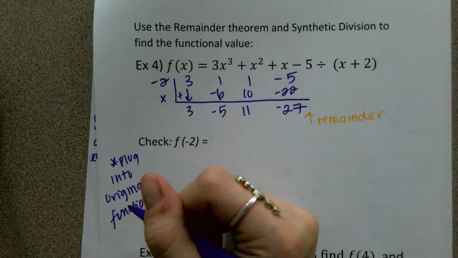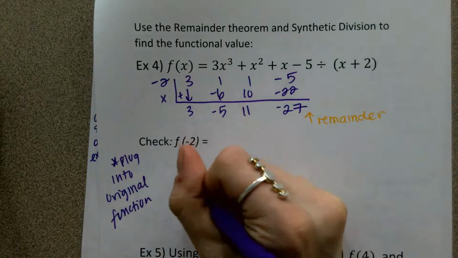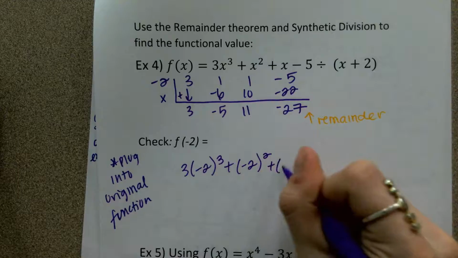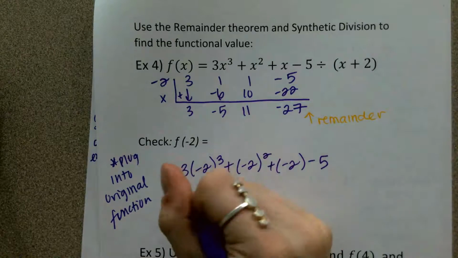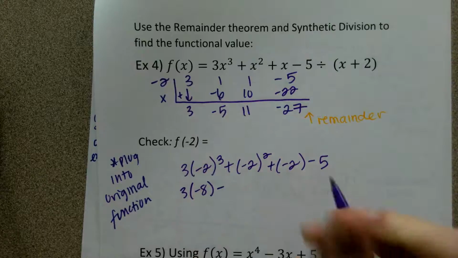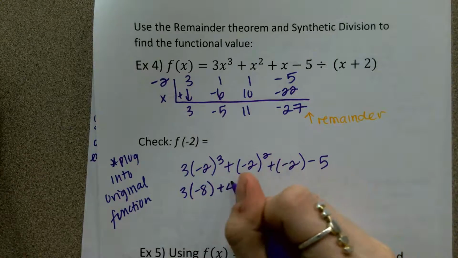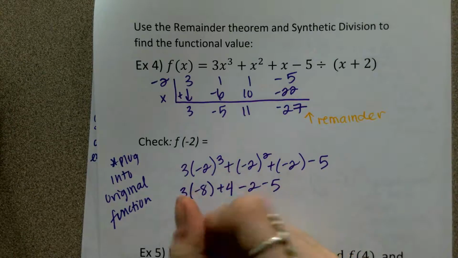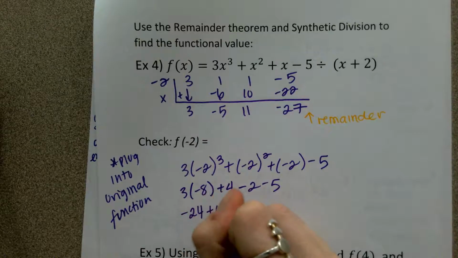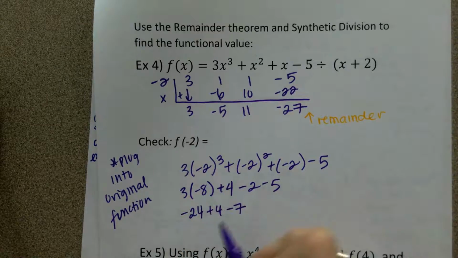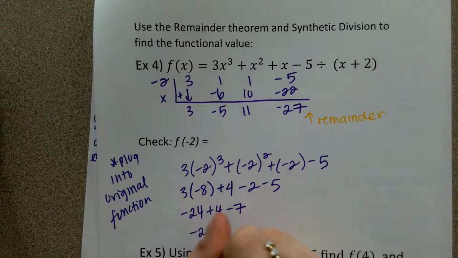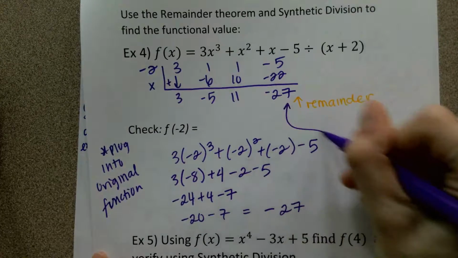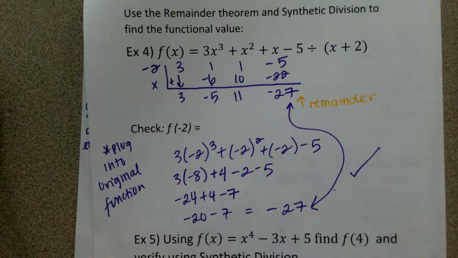So we will have 3 times -2 cubed plus -2 squared plus -2 minus 5. -2 cubed is -8, -2 squared is 4, minus 2 minus 5. -8 times 3 is -24 plus 4 minus 7. So we get -20 minus 7, which gets me -27, which is exactly what the theorem stated.